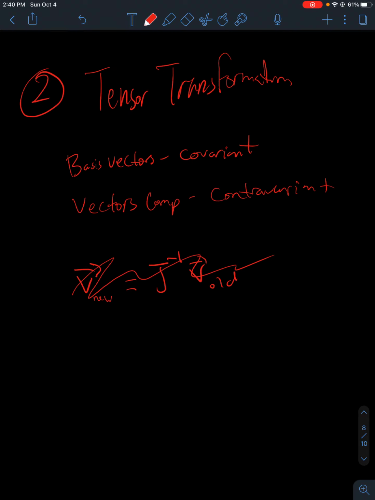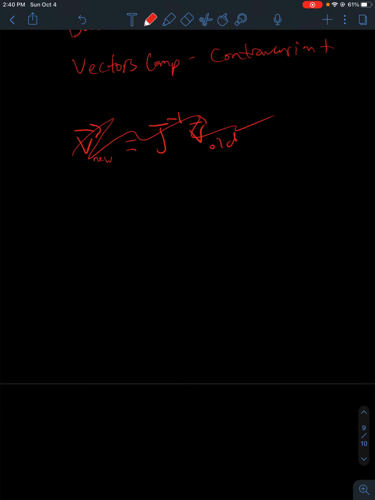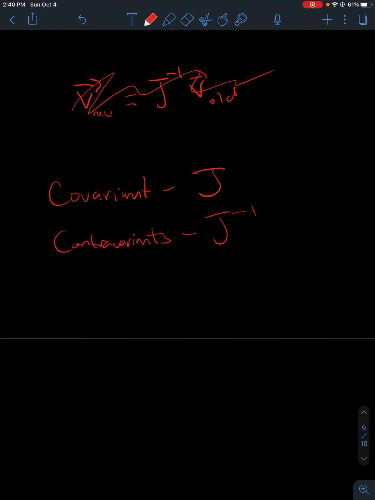That makes no sense. Okay, I'm going to go over it real quick. Covariance just means it transforms with the Jacobian. Contravariant means it transforms against the Jacobian, which is the inverse Jacobian. So if I have a vector in the new basis, let's call it V new, vectors are invariant.